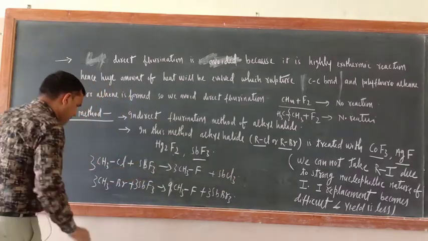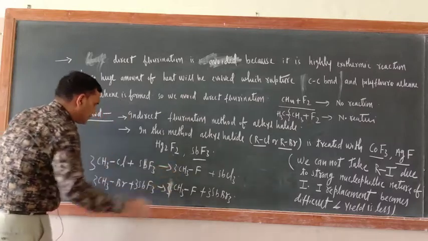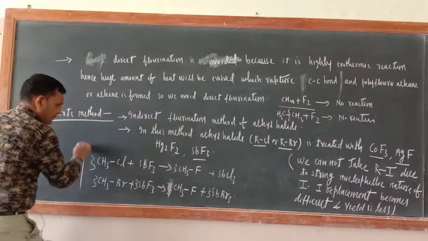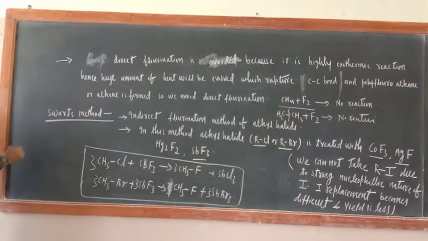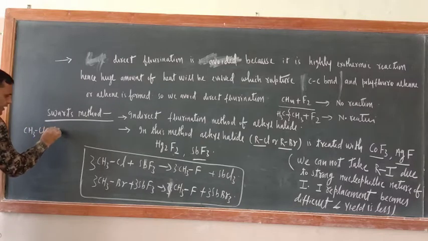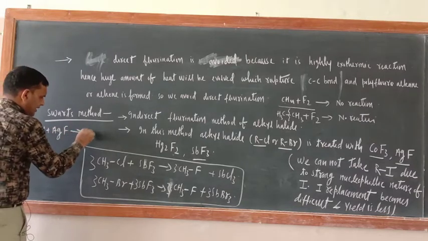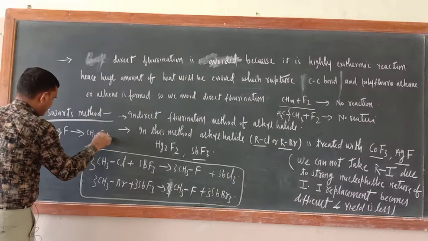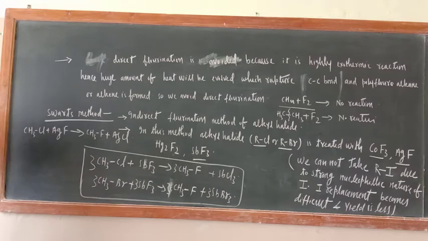And to avoid the balancing problem, I will tell you the simple method. Treat CH3Cl with AgF. So now here we get CH3F plus AgCl. No balancing is required.